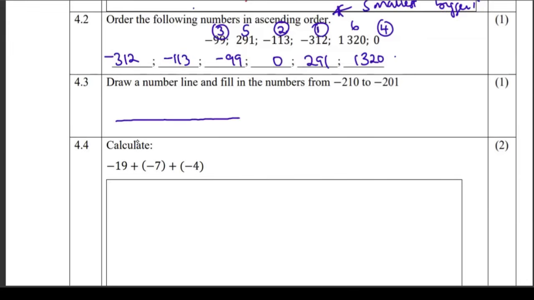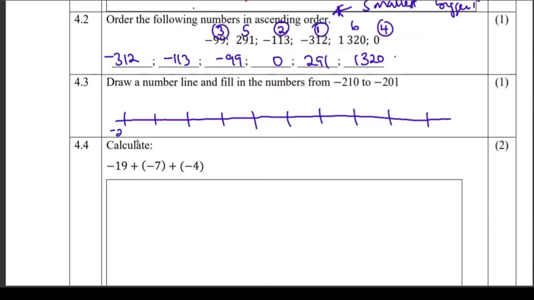So they want us to see where we represent those numbers. So if this is 2, 3, 4, 5, 6, 7, 8, 9, I'll say 10.